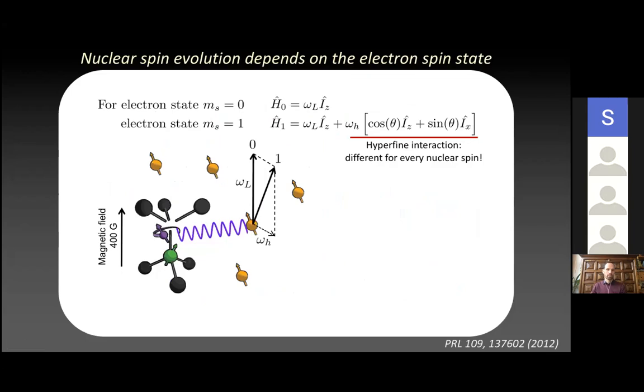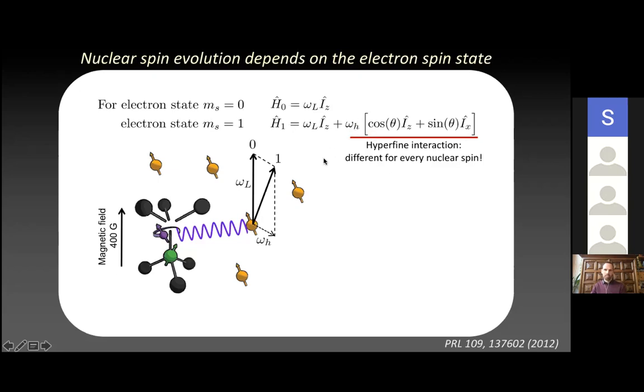And why does that happen? One way to look at it is to take the position of the nuclear spin. If I take a certain nuclear spin, and I have a magnetic field applied in the z direction, then I have some Larmor precession along that axis. If the electron is in the state m0, then there's also no hyperfine interaction. But if the electron goes to the state 1 or -1, the hyperfine interaction is turned on.